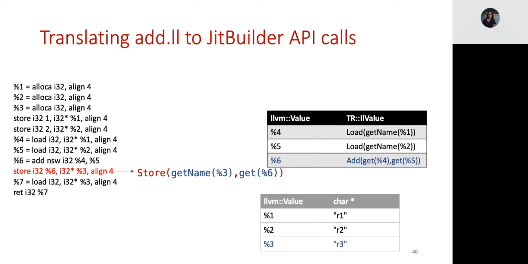If it's an indirect load or store, that means we are not actually trying to access a local variable. In that way, we know whether to get the name or whether to get the IL value, and then we get the appropriate function for the situation. Okay.